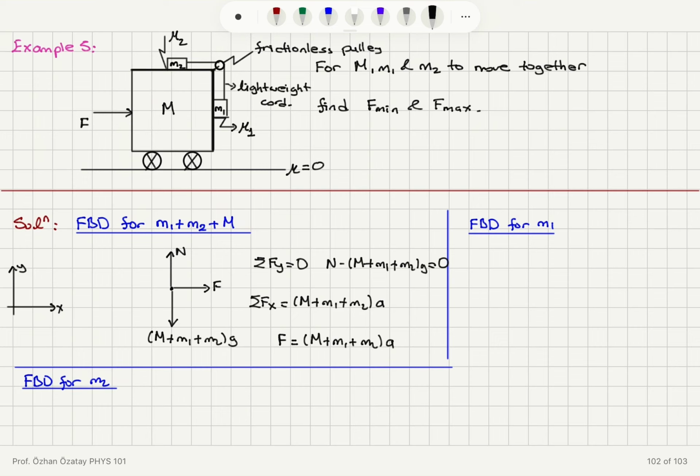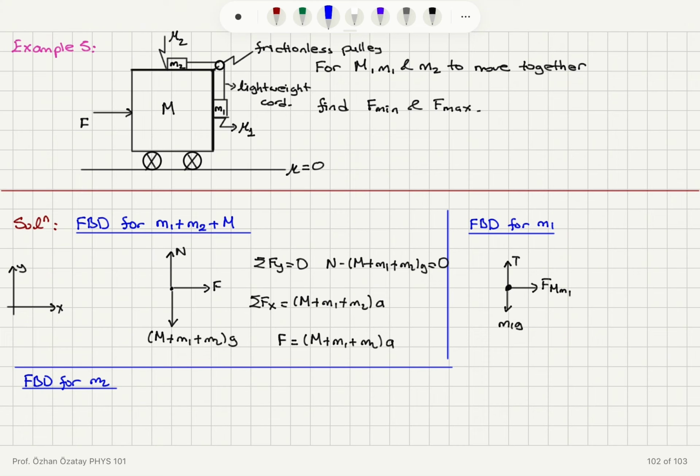Okay, let's work on M1 now. Free body diagram for M1. Now for M1, I see that I have the weight pointing down, M1G. There is the tension in the lightweight string pointing up. There is the force exerted by capital M on M1 because they are in contact. And now I have to put a static friction.